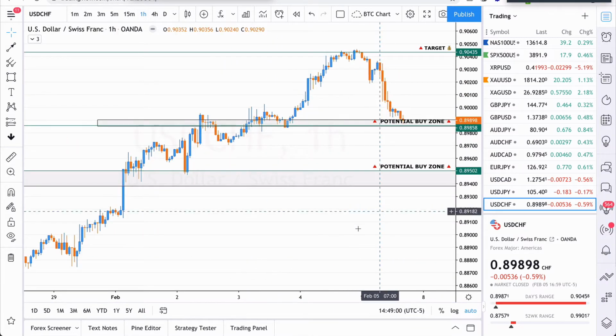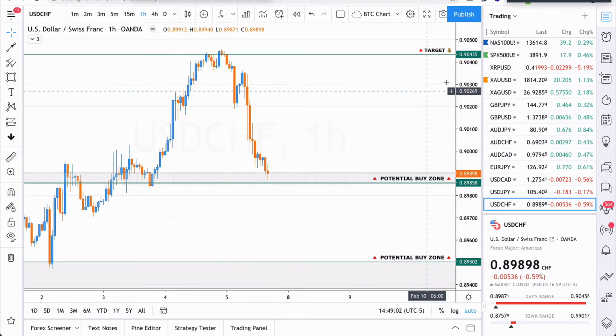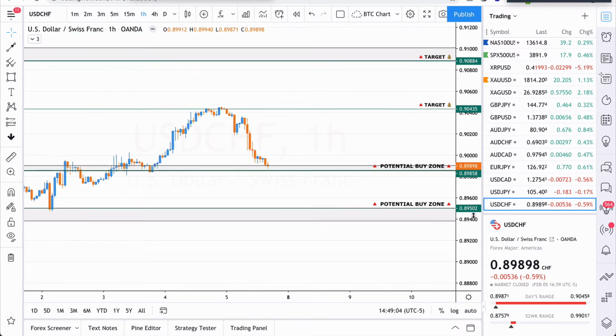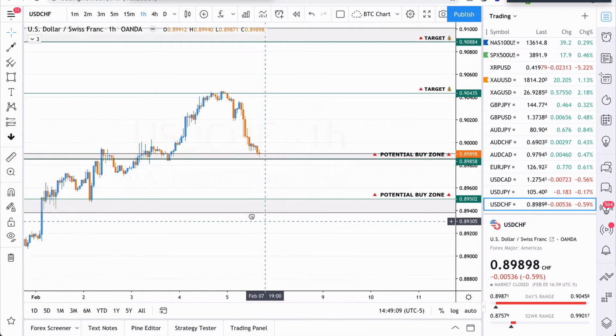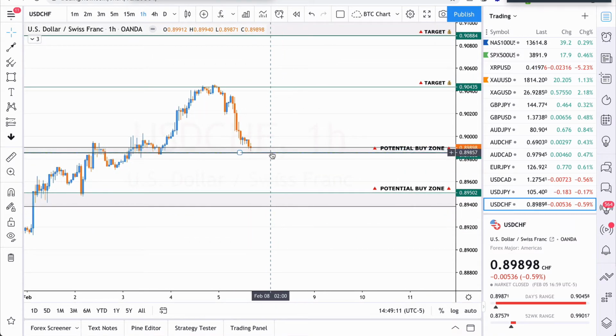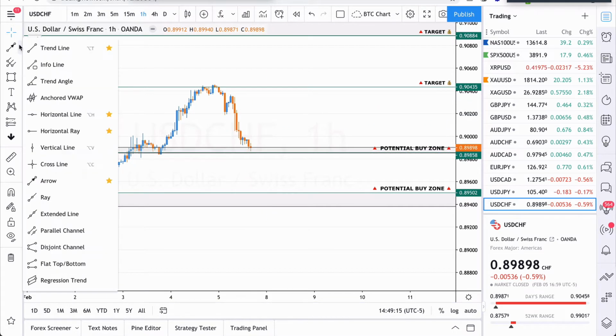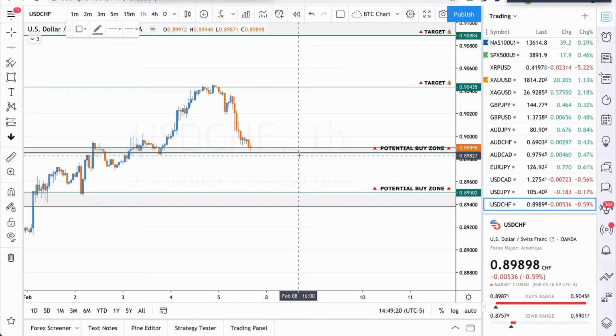So let's come down. Yep, here we go. If it breaks out of here, I would put a sell right here. This will be my sell zone.